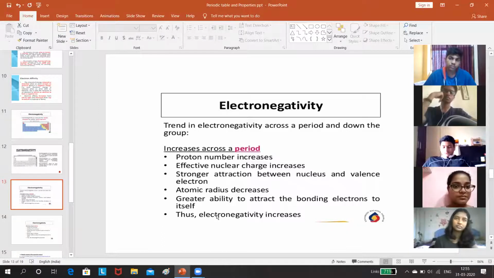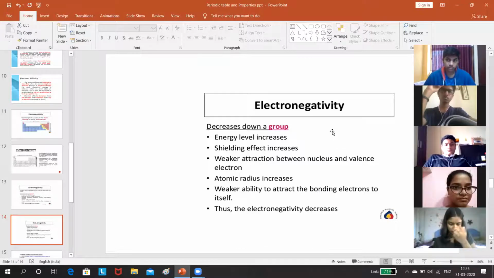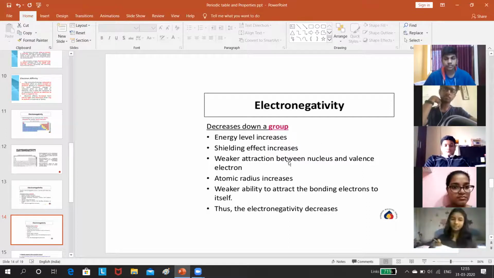Now, coming to down the group, energy levels. Energy levels means nothing but the orbits, number of shells. Down the group, what is happening to the number of shells? Number of shells is increasing. So if the number of shells increases, the distance between nucleus and the valence electron will be increasing.